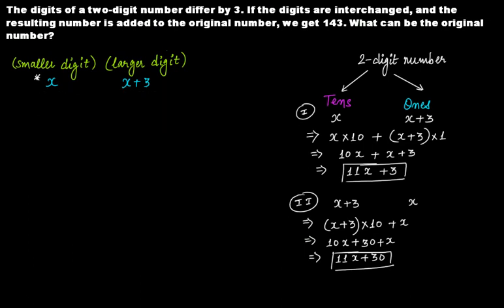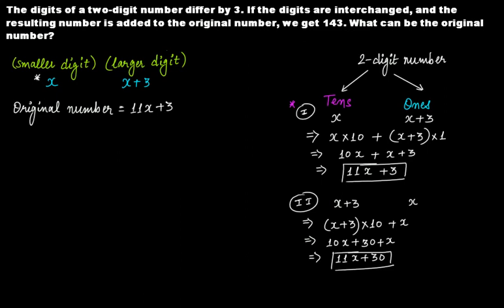So if you take this first case, let's take this first case. In the first case, your number is 11x plus 3. So your original number is 11x plus 3. Okay. If the digits are interchanged and the resulting number is added to the original number, we get 143.